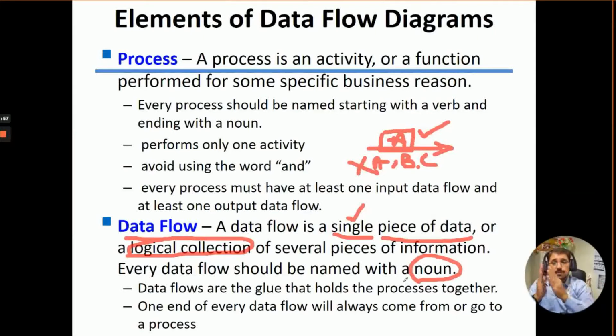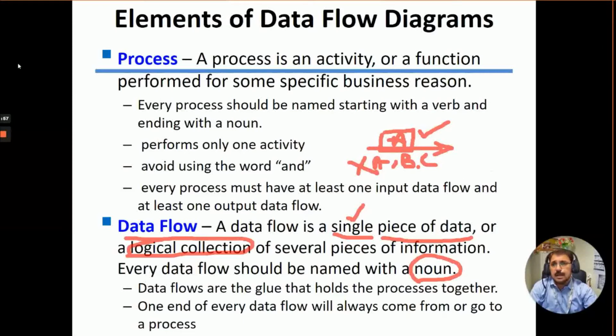The data moves from one process to another, and the two processes are joined together by this arrow and this data flow link. Another one: one end of every data flow will always come from or go to a process. So meaning to say that the data flow must pass through a process.